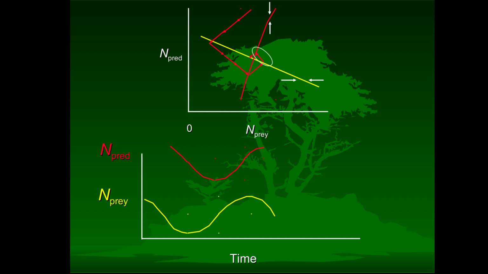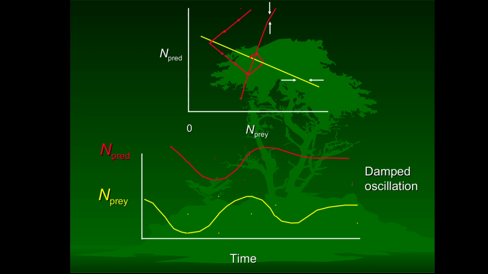Okay? So for both populations, sometimes they increase and sometimes they decrease, and therefore, by definition, we have oscillations. However, notice we're not back in the same location where we started. We move closer to the point where the two lines cross, the equilibrium point.